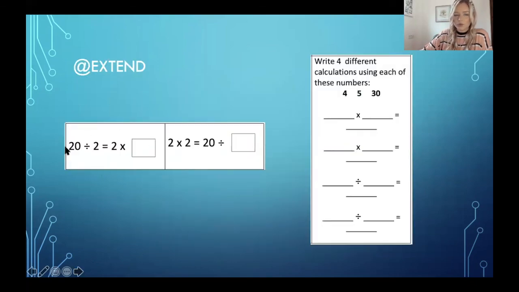On this side, we've got 20 divided by 2 is the same as doing 2 times something. On this side, we've got 2 times 2 is the same answer as doing 20 divided by something. On this side, we've got a question where it says write 4 different calculations using each of these numbers. There's different calculations here, and you need to use these numbers, no other numbers.